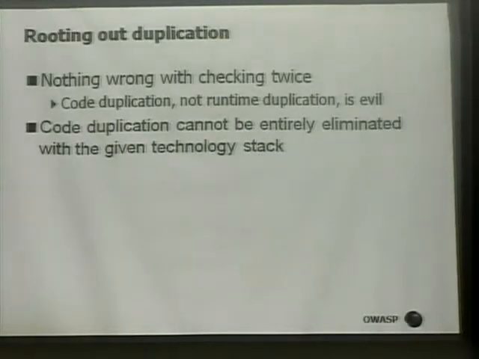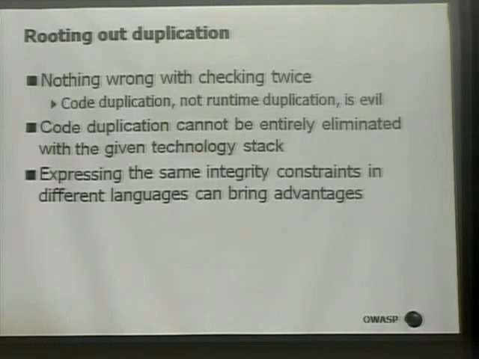Now, having said that, our code does express the same test, the same validation, twice, once in JavaScript and once in SQL, and I can't quite see a way of getting rid of that.